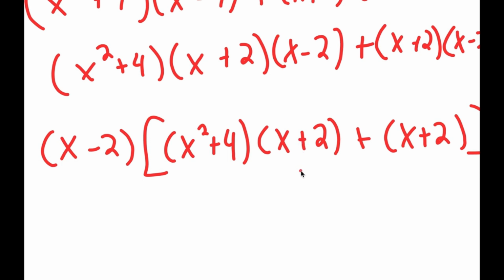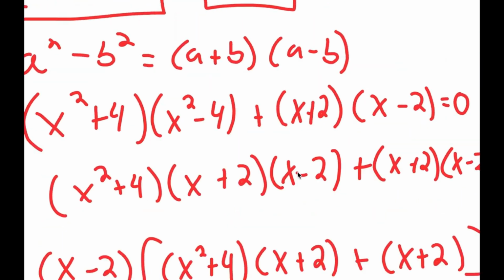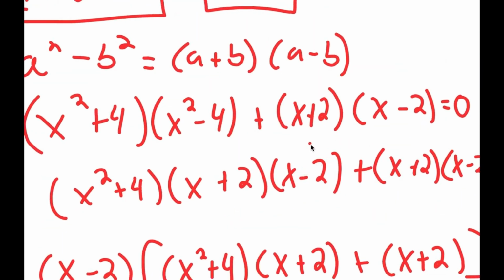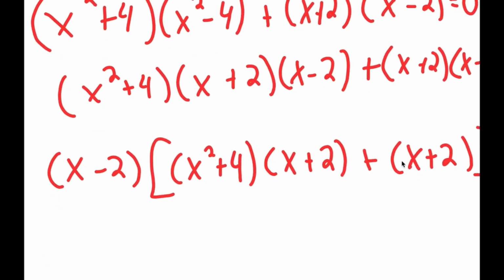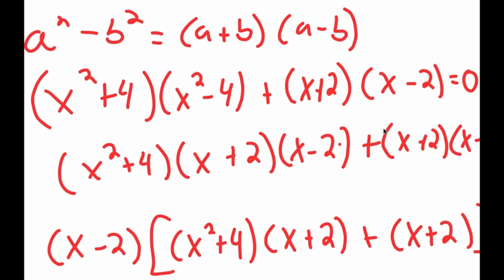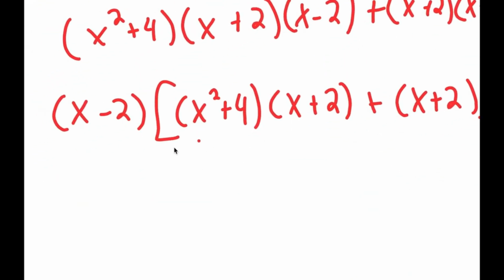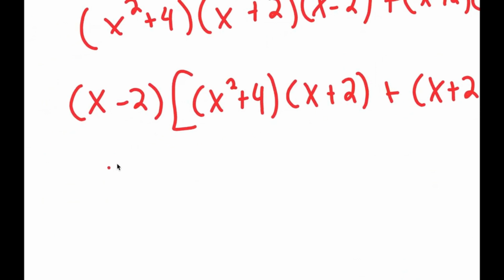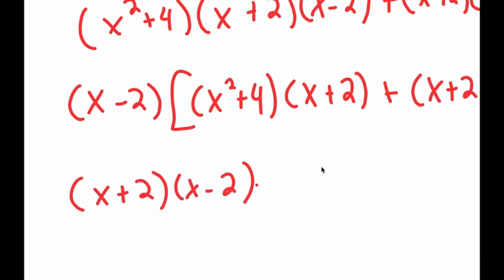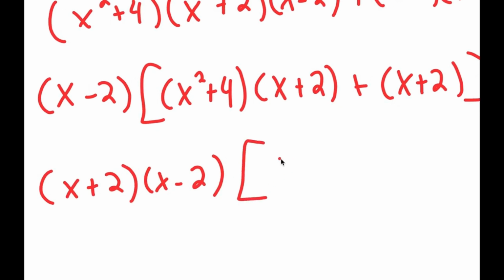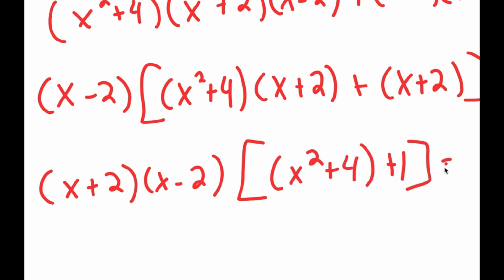Actually, at the start what we could have done is just factored x squared minus 4 out, but now we're going to factor out x plus 2 as well. So I get x plus 2 times x minus 2 times x squared plus 4 plus 1 is equal to 0.